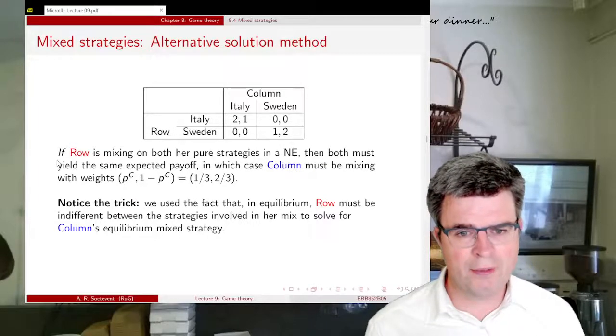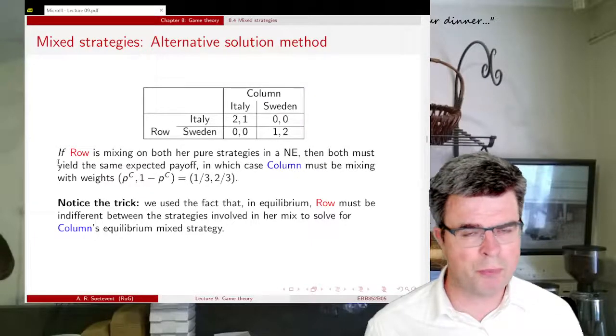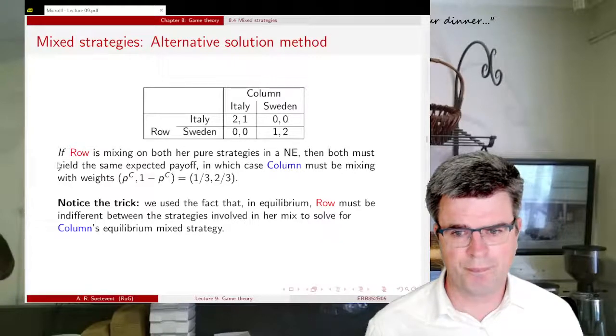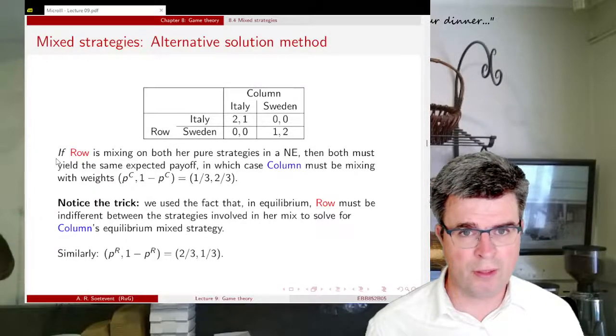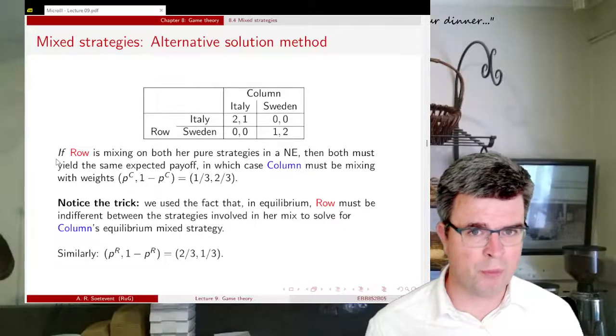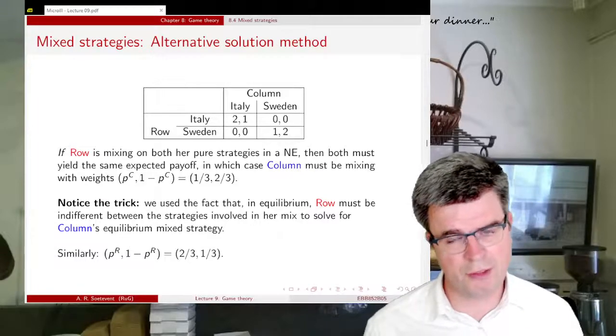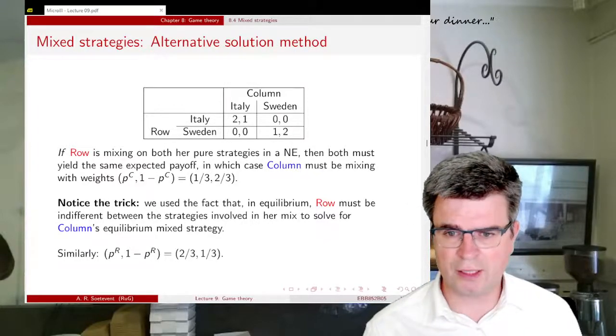And we use the fact that in this equilibrium, row must be indifferent between the two strategies that are involved in her mix. In the same way, we can find the equilibrium value for the row player, and we will arrive at PR equal to 2/3, just as in the example before. You can check it yourself.